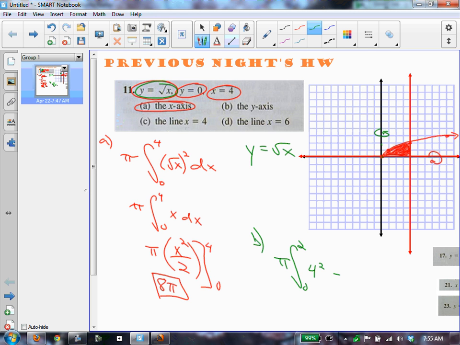So this isn't good enough. I need to get x by itself, so I need to use y squared instead, because it's got to have y's in it. When we're going up and down, we want y equals; when we're going side to side, we want x equals. So you get to use the same formula, but I had to solve it for x instead. So that's what's going in here: y squared, squared, dy.